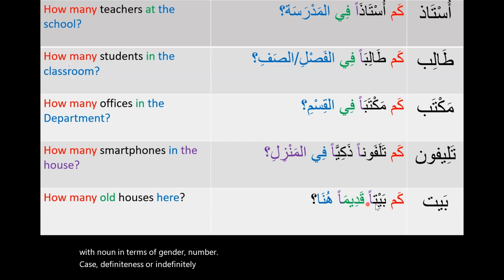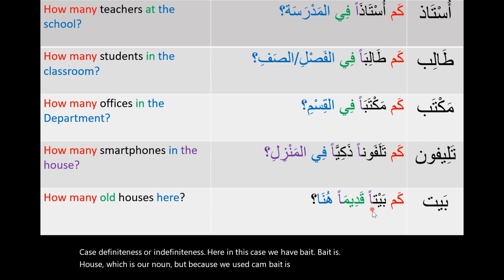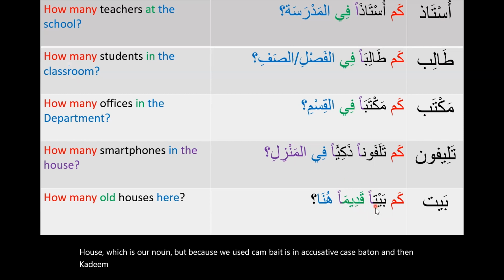Here we have bait, which is house, our noun, but because we used kam, bait is in the accusative case, baitan, and then qadim, the old, is an adjective describing the house. So qadim has to follow bait: baitan qadiman.